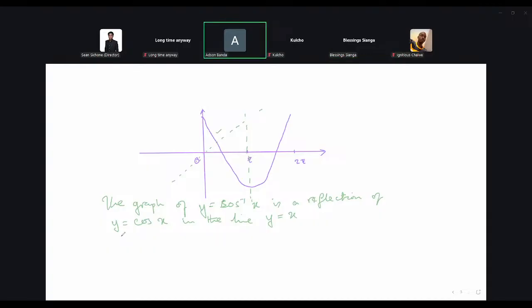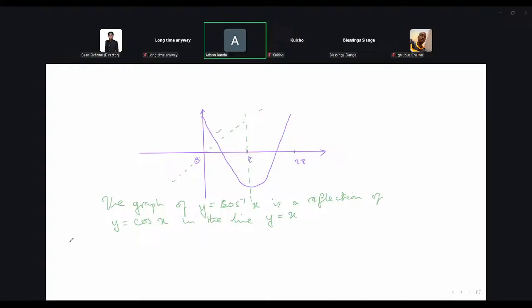Right, so for the inverse of the tan graph, we get it in a similar way. We restrict the domain of the graph.